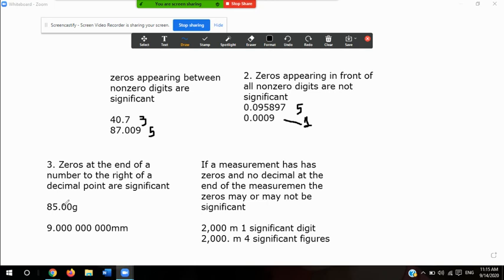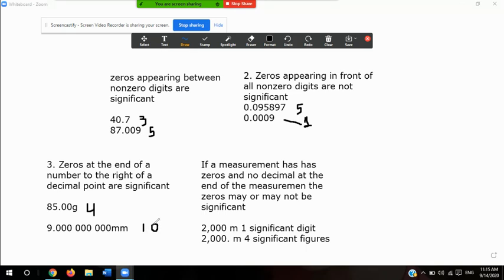So since these two zeros are to the right of this decimal point, we simply say that there are 4 significant figures in this one. If we look at 9.00000000 millimeters, because the zeros are to the right of the decimal point, we say that this has 10 significant figures.